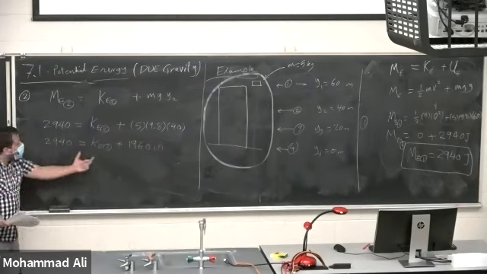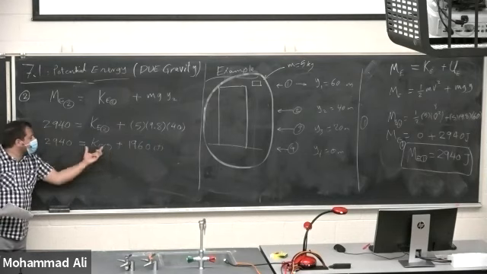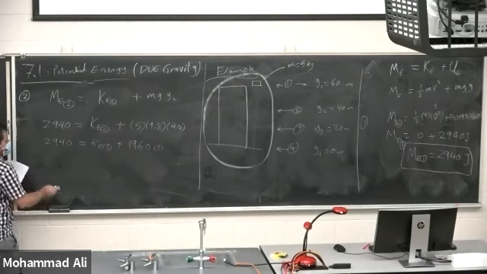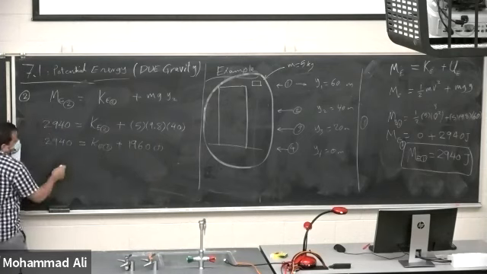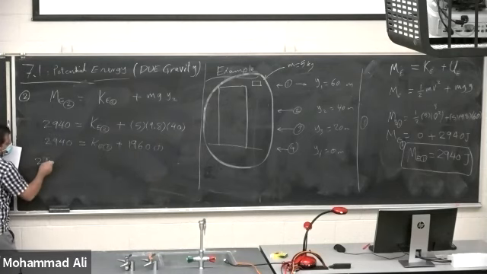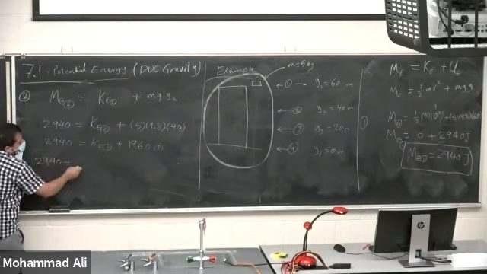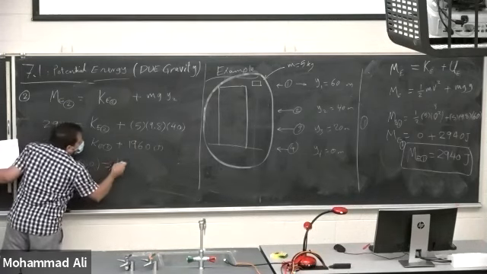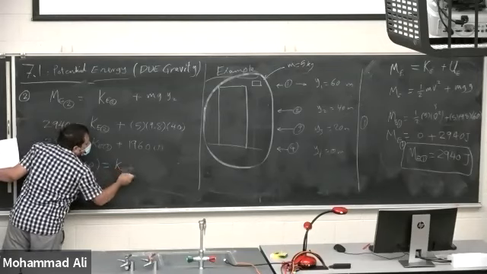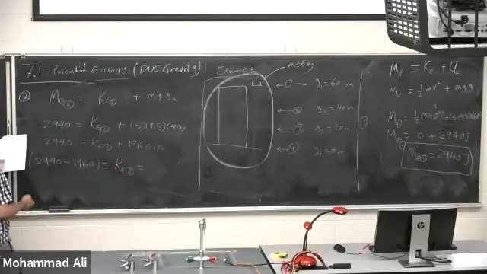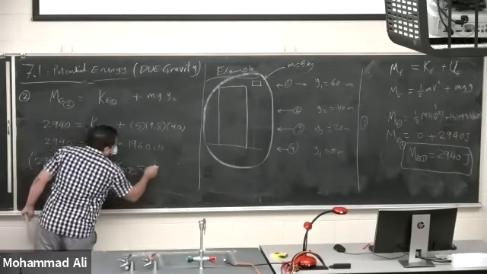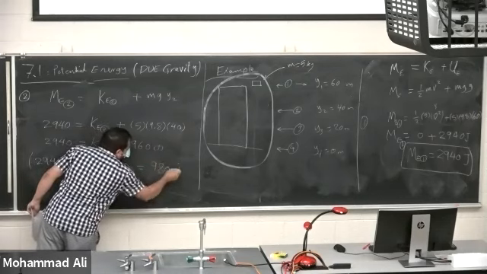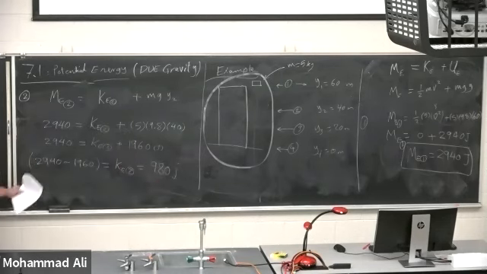Now I can find the kinetic energy. It's just this minus that. So I move this here: 2940 minus 1960 is equal to the kinetic energy at point number 2. This will be equal to 980 joules. This is the kinetic energy at this point.